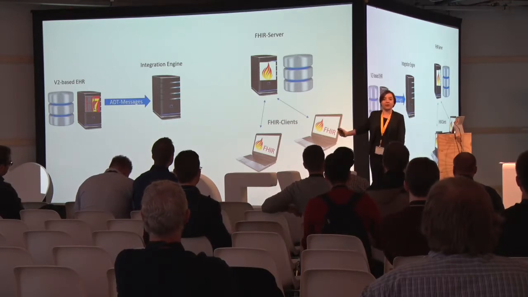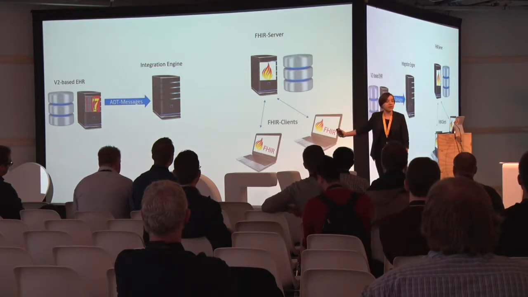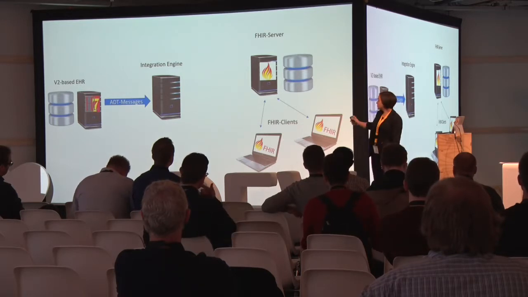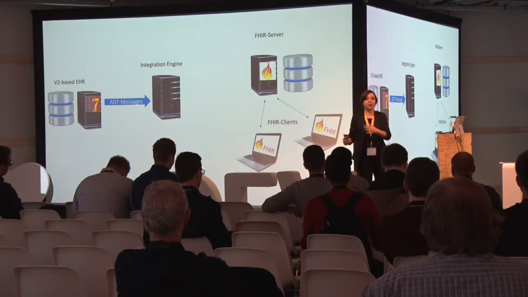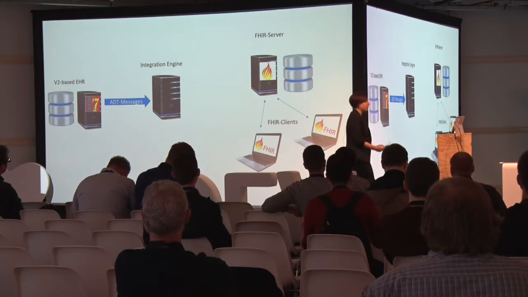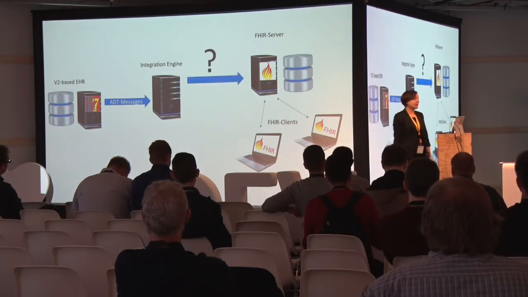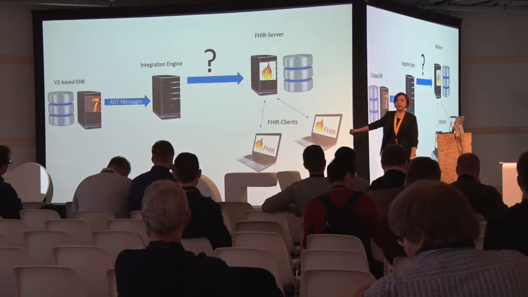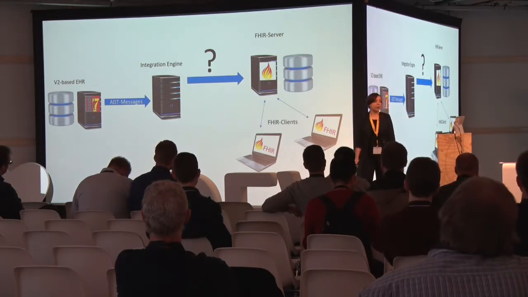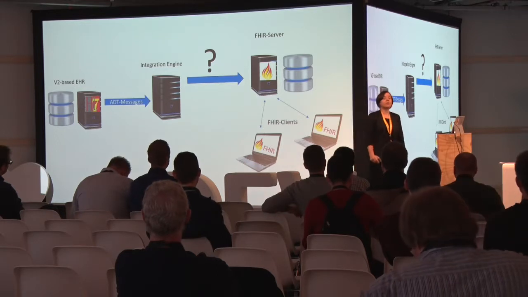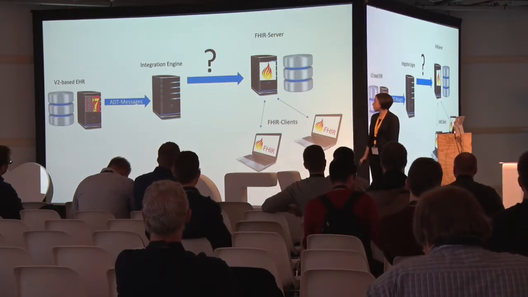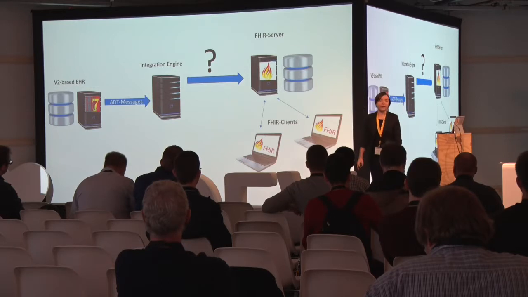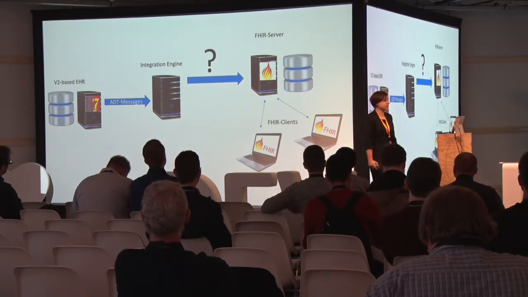So no problem getting a FHIR server from somewhere. So you can hook up your fancy new equipment to the FHIR server, but the big question is, how do you get the patient demographics that these mobile apps need? How do you get them from your integration engine to that FHIR server, so that the FHIR-enabled systems can access this information?